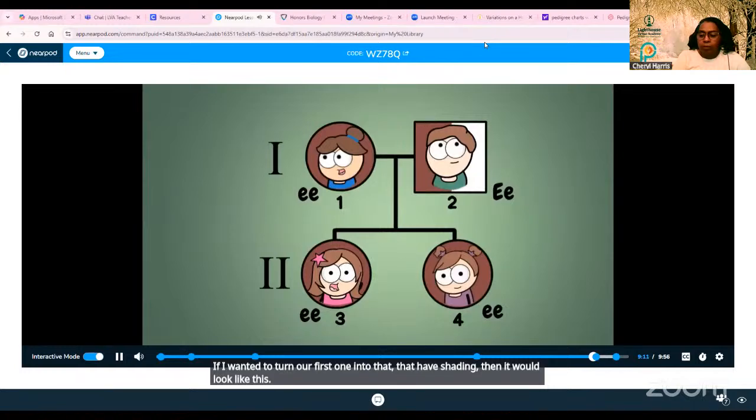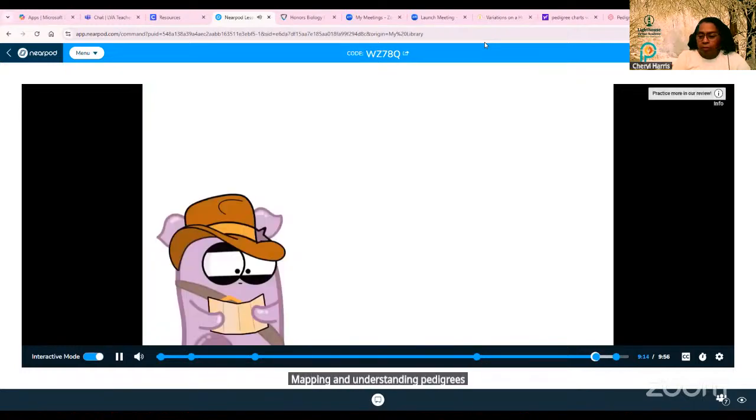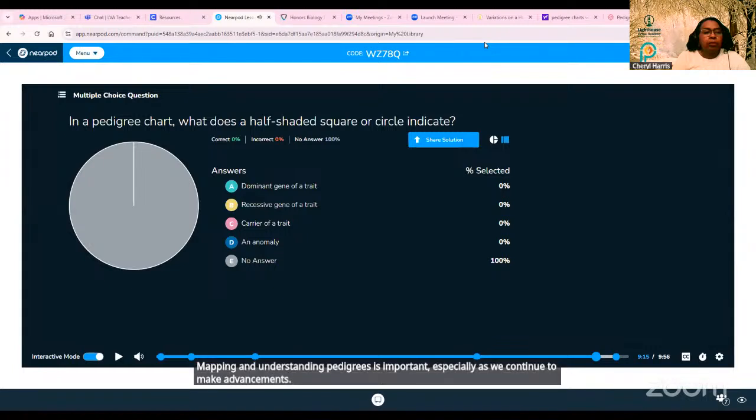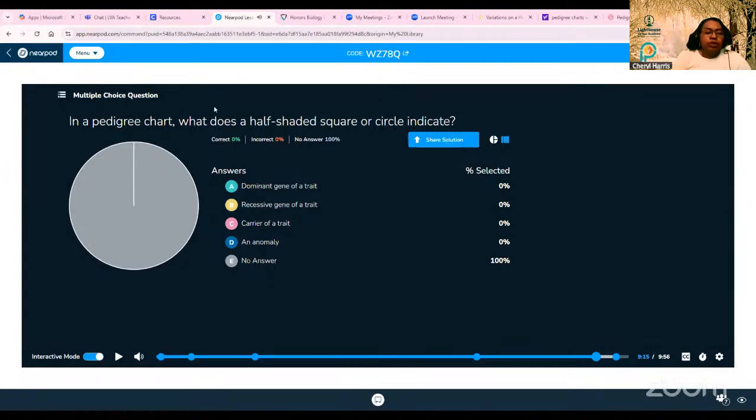Mapping and understanding pedigrees is important, especially as we continue to make advancements. Okay, in a pedigree chart, what does a half shaded square or circle indicate?